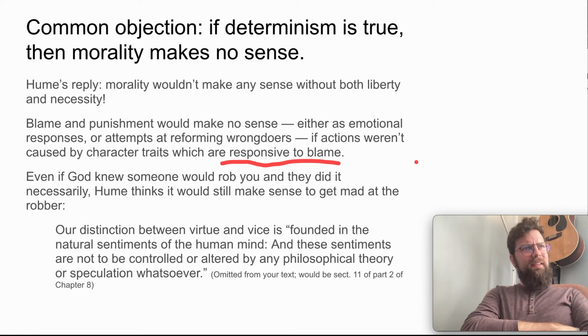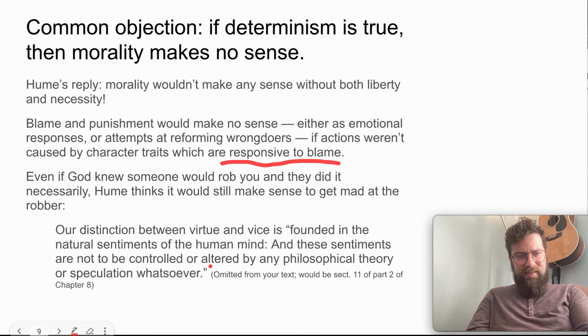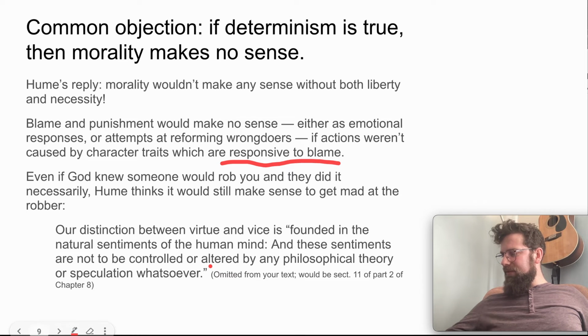Hume is actually going to say, no, emotions are your emotions, and you're not going to be talked out of them. And moreover, he's going to say, look, in a certain way, trying to redo your emotions on the basis of philosophical theorizing is just kind of a mistake.